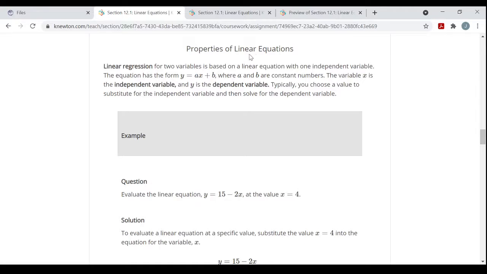So, properties of linear equations. Now, what we're going to be dealing with in this chapter is something called linear regression. Linear regression for two variables is based on a linear equation with one independent variable. The equation has the form y equals ax plus b.